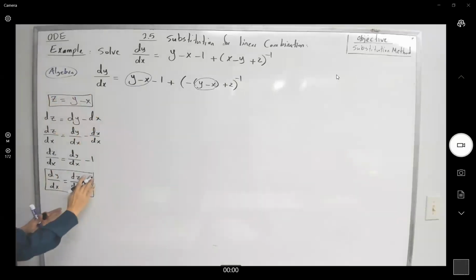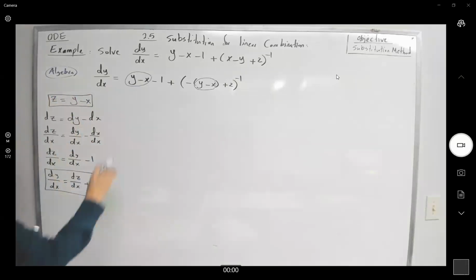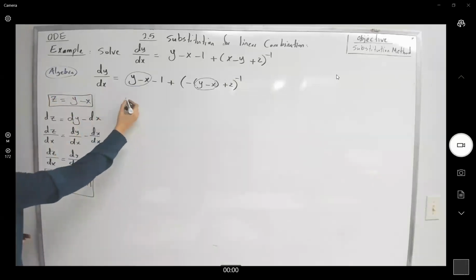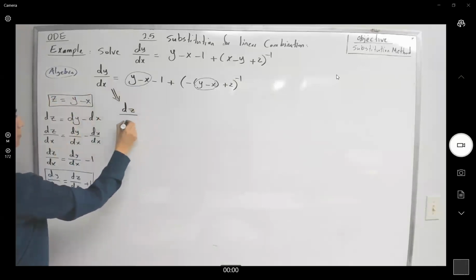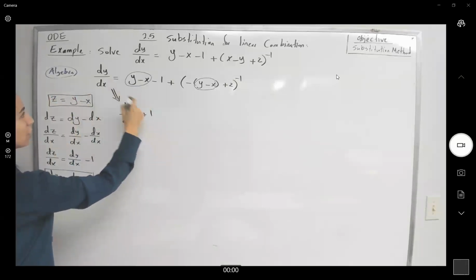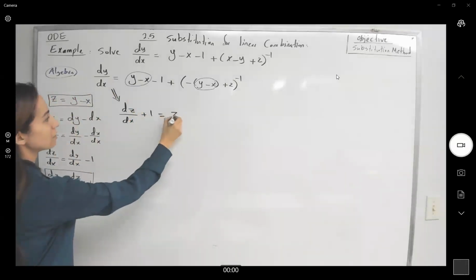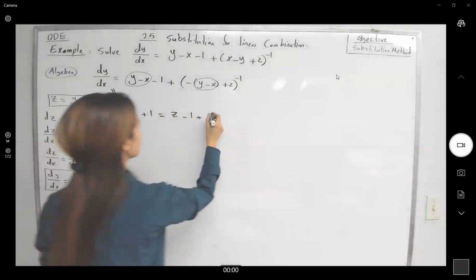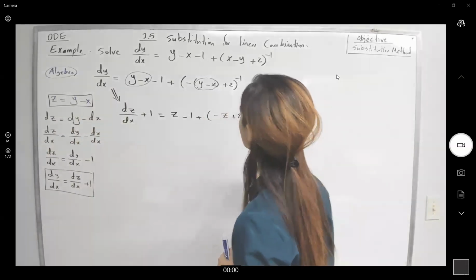So the first substitution and the second substitution, we're going to use these two and then try to bring this differential equation to a form that is easier for us to solve. On the left-hand side, it becomes dz/dx plus 1 equal to y minus x, which is now z, minus 1, plus negative z plus 2, raised to negative 1.